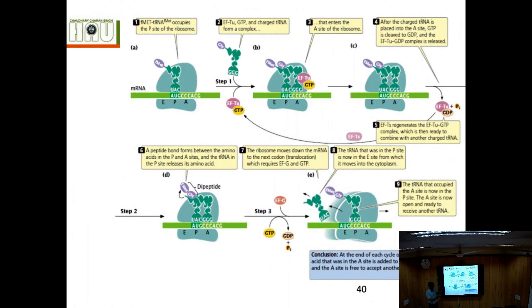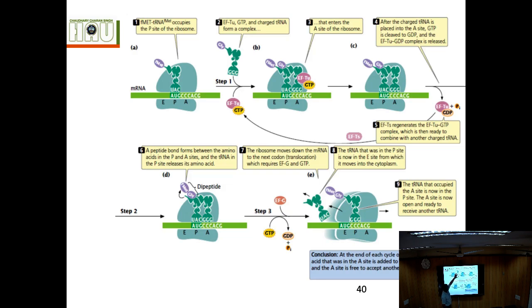A little bit more detail about the elongation. When the initiation complex forms and the second charged tRNA comes, it requires elongation factor Tu as well as GTP.